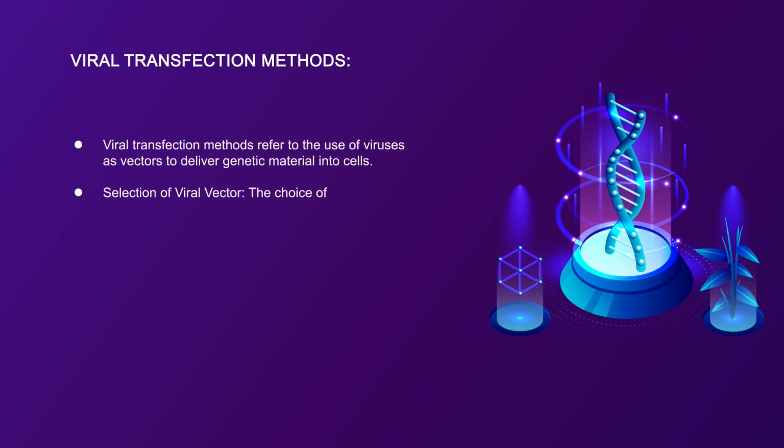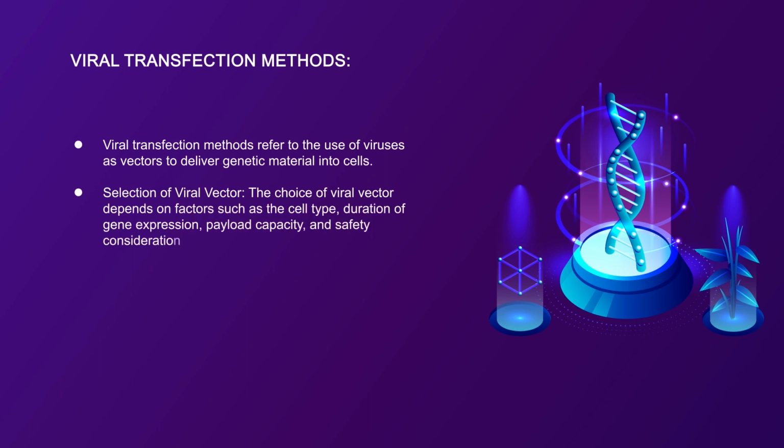Various types of viruses can be used as a vector, including retrovirus, lentivirus, adenovirus, adeno-associated virus, herpes simplex virus, etc. The choice of viral vector depends on factors such as cell type, duration of gene expression, payload capacity, safety considerations, etc.